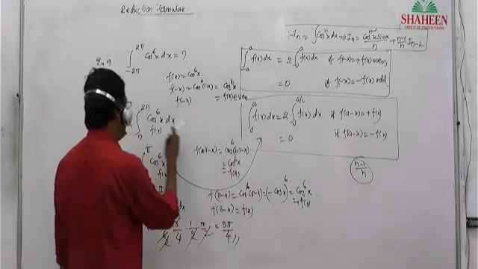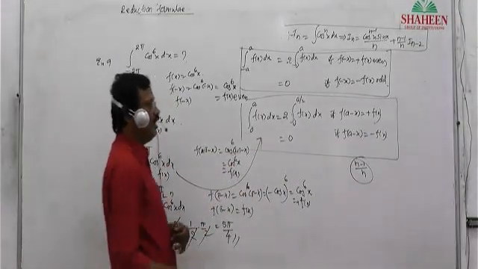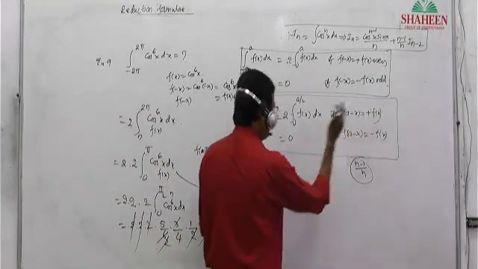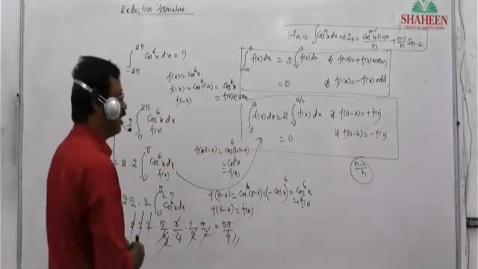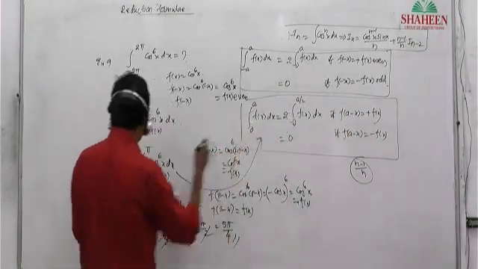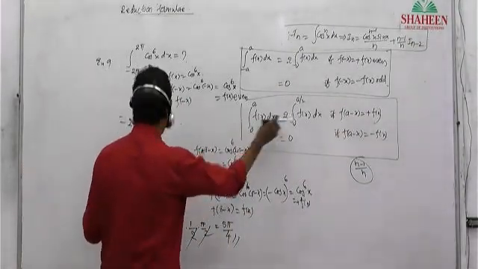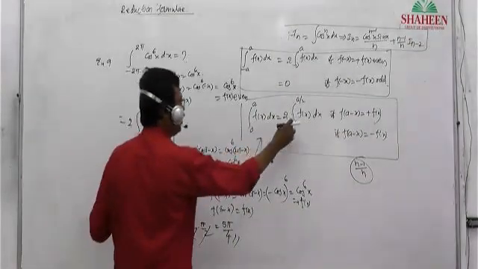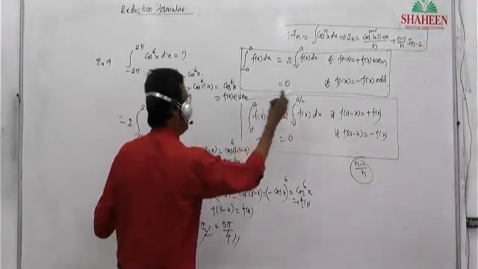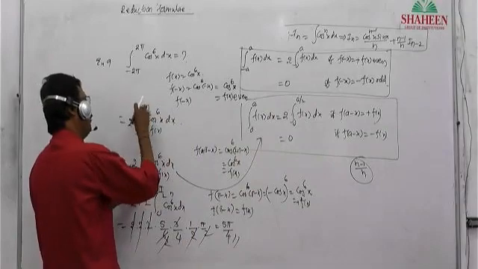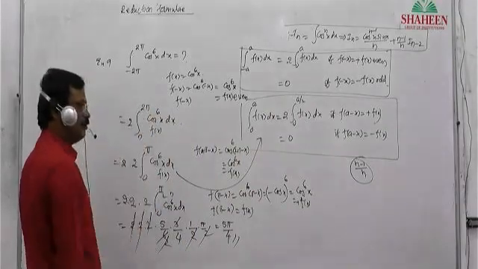You got fx again. Now f of a minus x gives plus fx here. That's why we apply this: 2 times of this, 2 already there. Now 2 times 0 to a by 2. A is 2 pi, so a by 2 is pi.